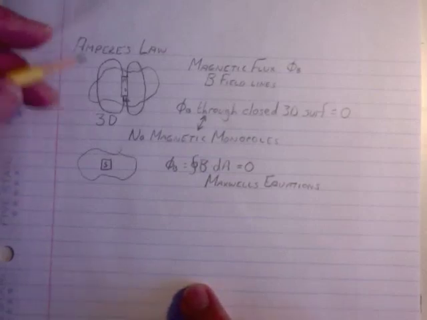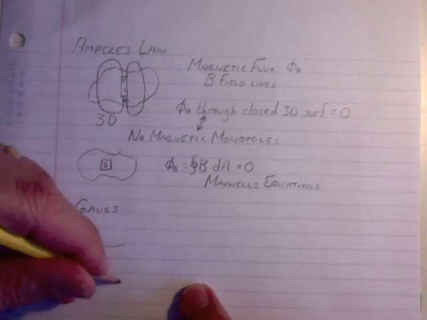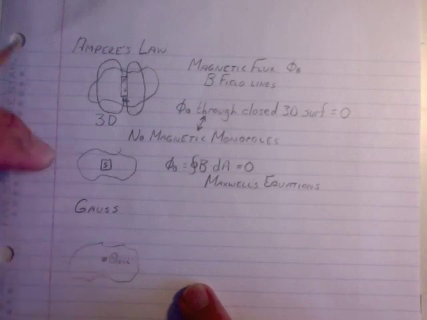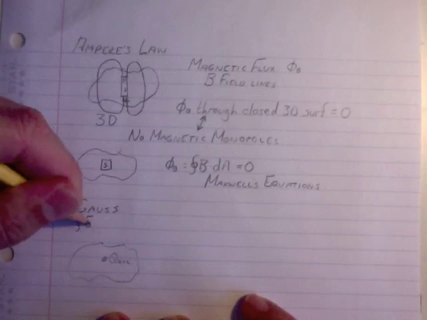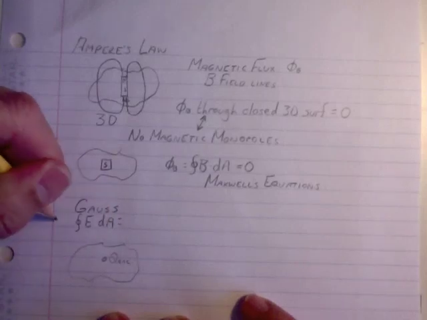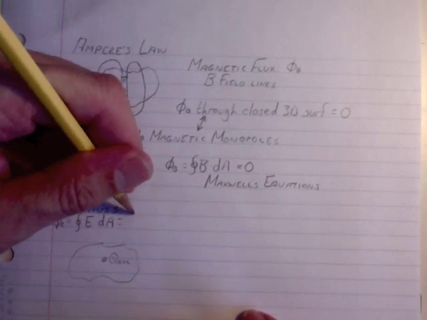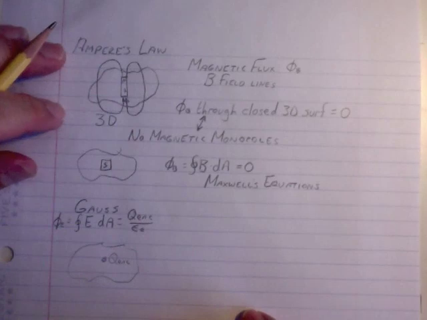Remember Gauss's law, we had that three-dimensional business here, and you've got some kind of charge in here, Q enclosed, and we related the E field to the charge enclosed divided by epsilon 0.